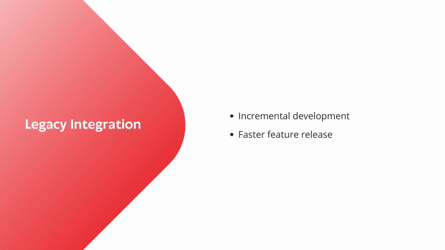Next is legacy integration. We can now develop things in a much more modular way. Let's say we need to introduce a new feature, or update our framework, for example React has an update with more advanced features we want to use. With a monolithic application, we had to change the entire code.